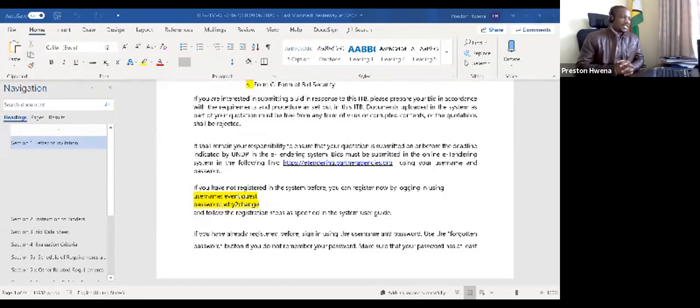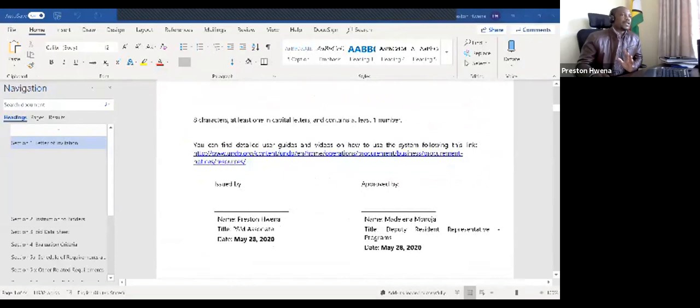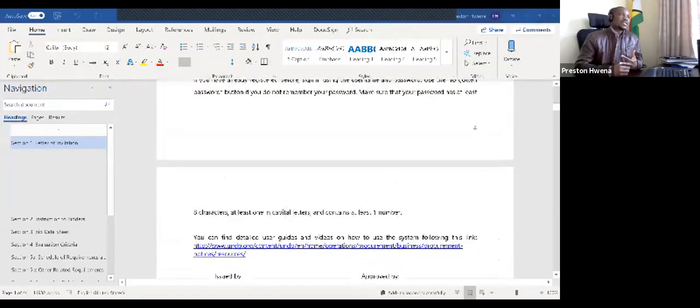If you have already registered before, sign in using your username and password. If you have forgotten the password, use the forgotten password button. Please do not re-register. Don't register a new account, but just use the forgotten password link, then have your password reset.